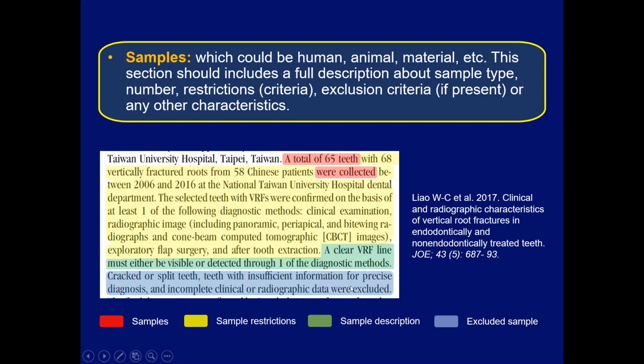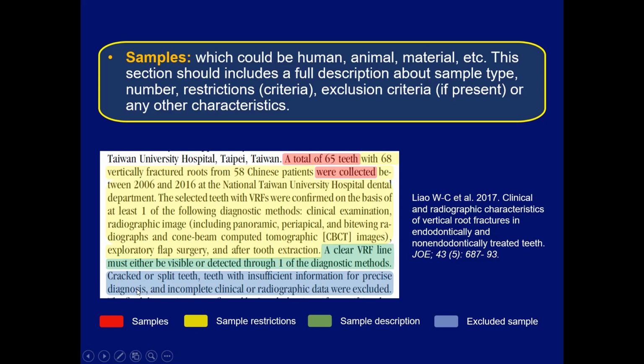Then the red one represents the sample description. He said that a clear VRF line must either be visible or detected through one of the diagnostic methods. So just describe all of those inclusion criteria within the sample, with the description of the sample restriction. Then the last line represents the exclusion.